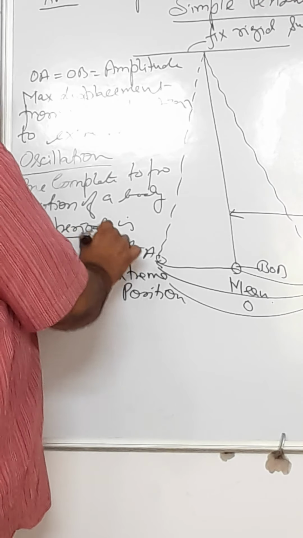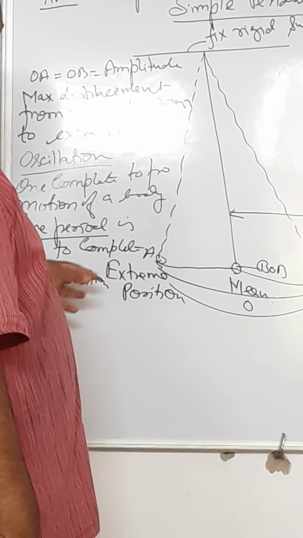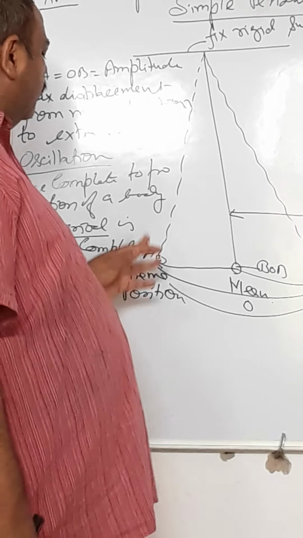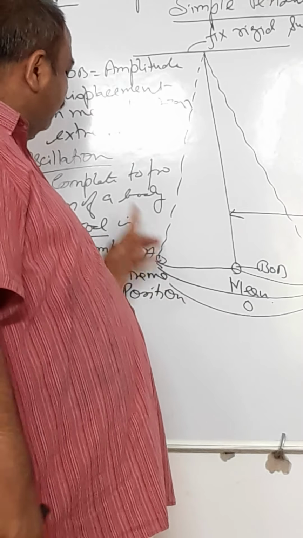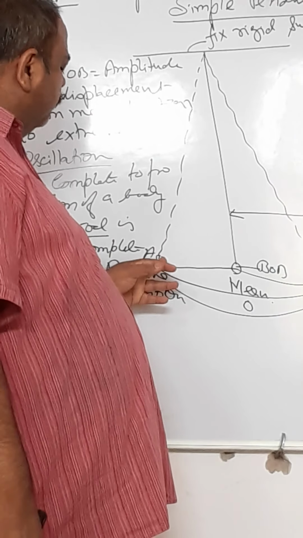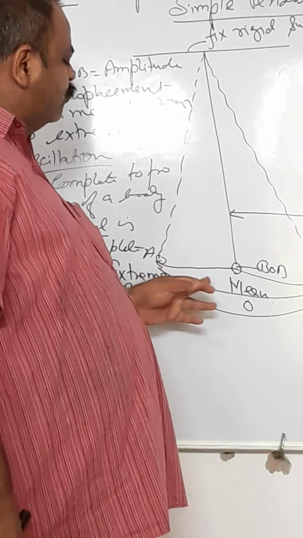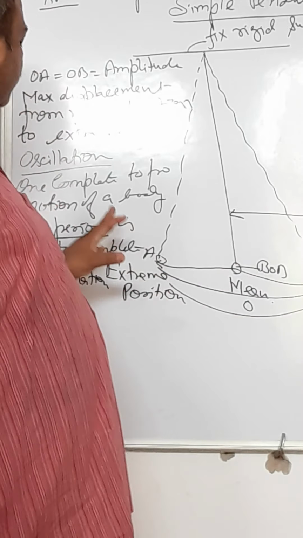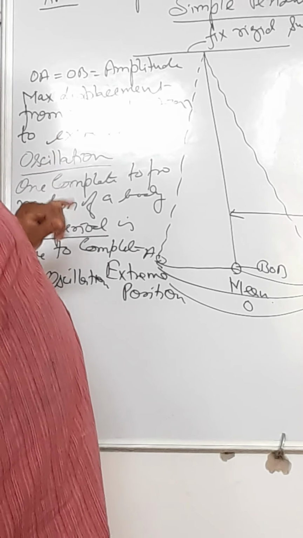So time period is the time taken to complete one oscillation, a to and fro motion. To and fro motion means if I leave the bob from A, it reaches O, reaches B on the extreme on the other side, and again reaches A. This is one complete oscillation. Time period.